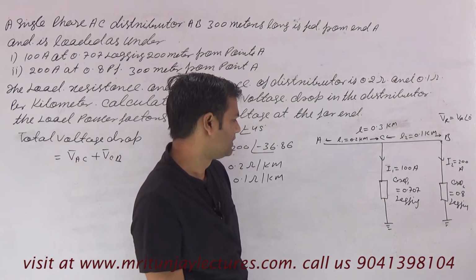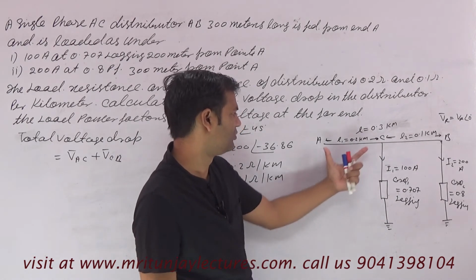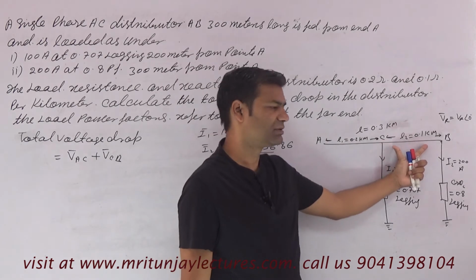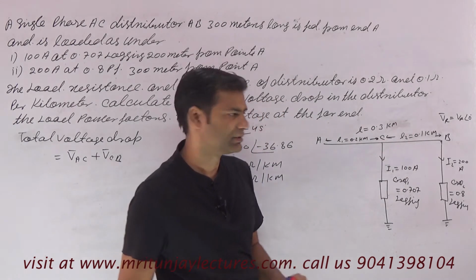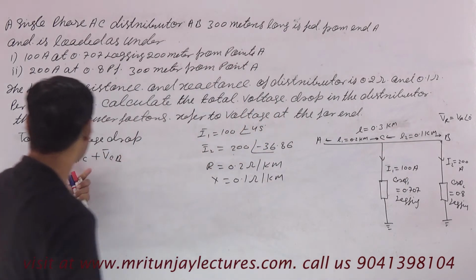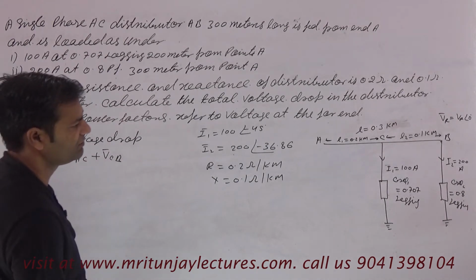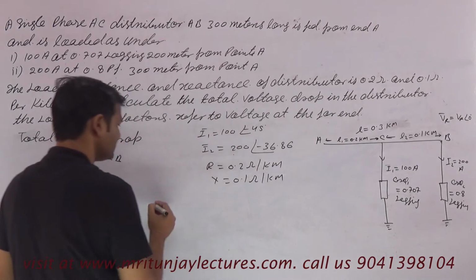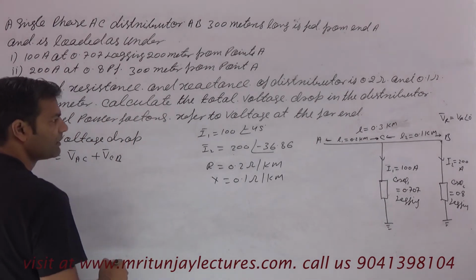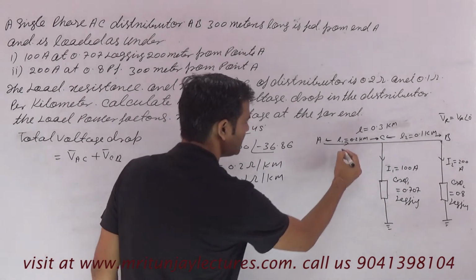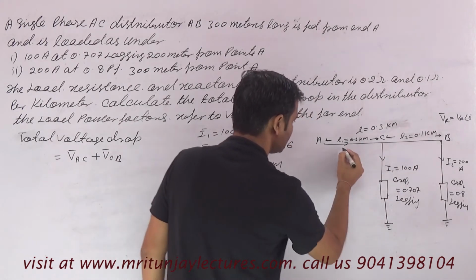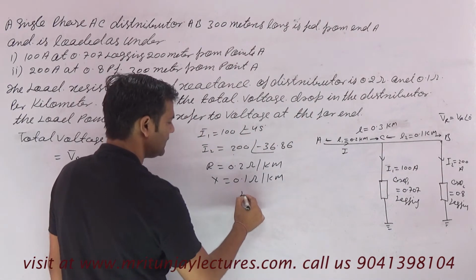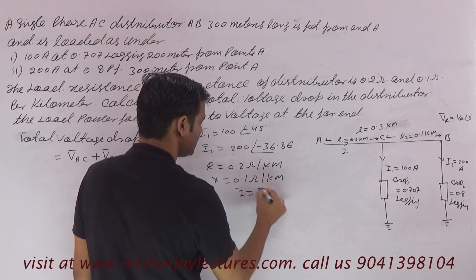Our motto is the voltage across this one plus this one. So carefully, how to determine AC and how to determine CB. For the voltage across CB, first of all, this is I1, that is I2. What about I? I is written as I1 plus I2.